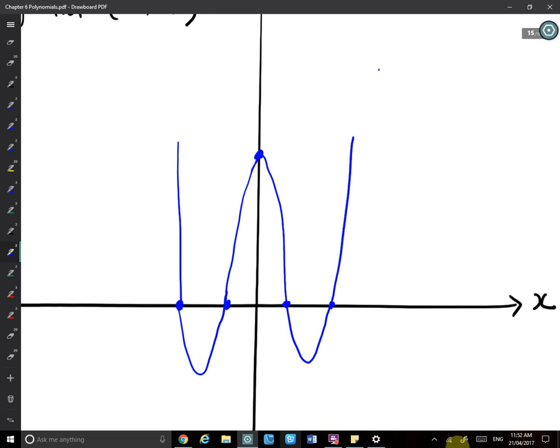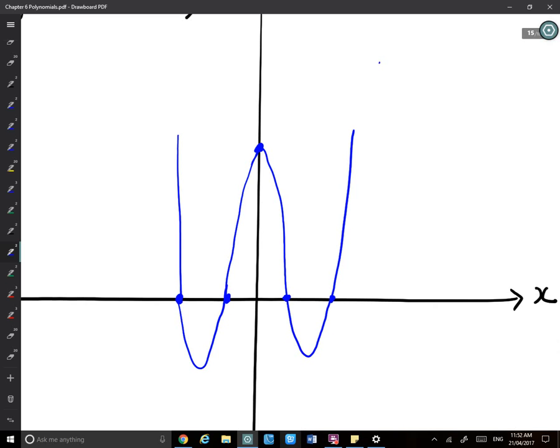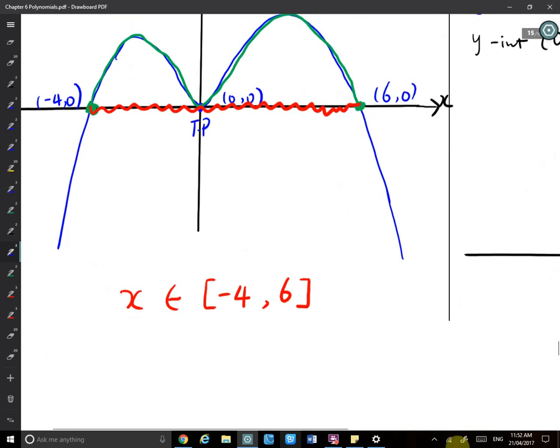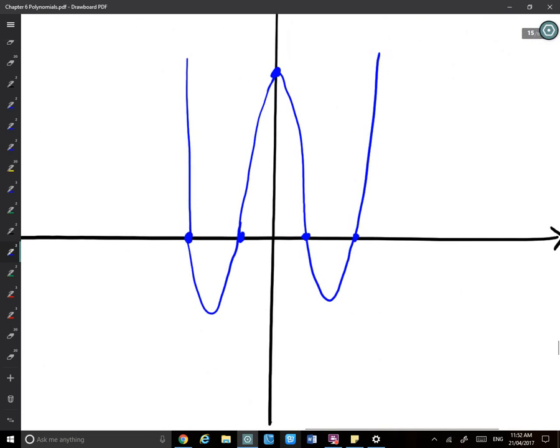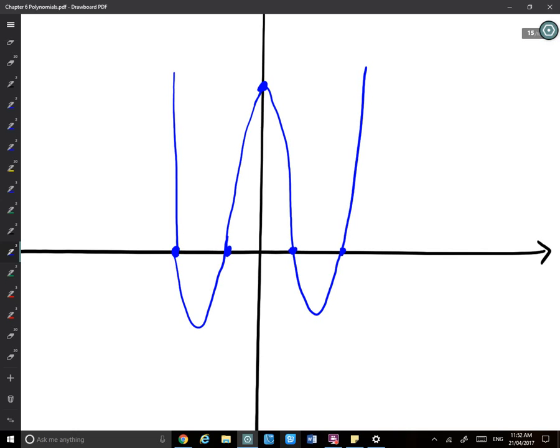They should be symmetrical because it's a quartic. Well, not for all quartics. For example, this one is not necessarily symmetrical, the turning point is not in the middle. But for this W shape, because all the x-intercepts are symmetrical and this is symmetrical as well, the shape will be a perfectly symmetrical shape. Not all of them, only in this case.